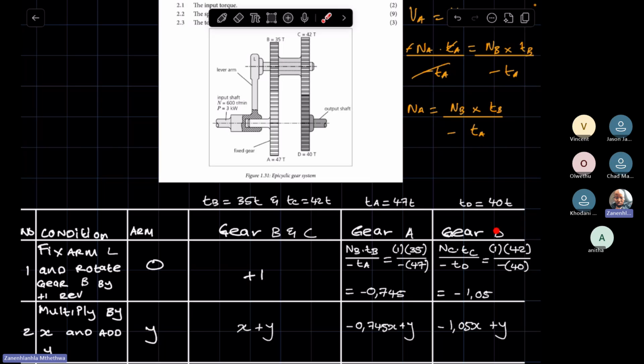Sir, on the rotation, if it's cut like its side view, how do I see if it's meshing outside or internal? How do you see if it's meshing outside or internal?